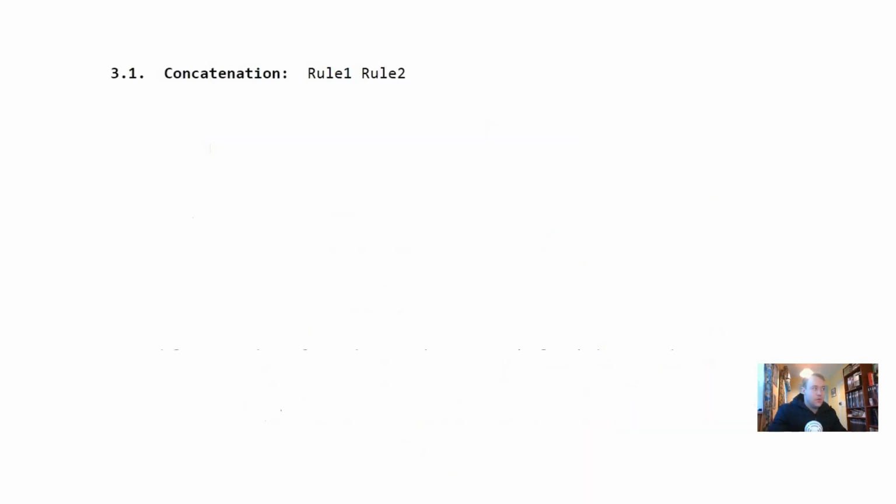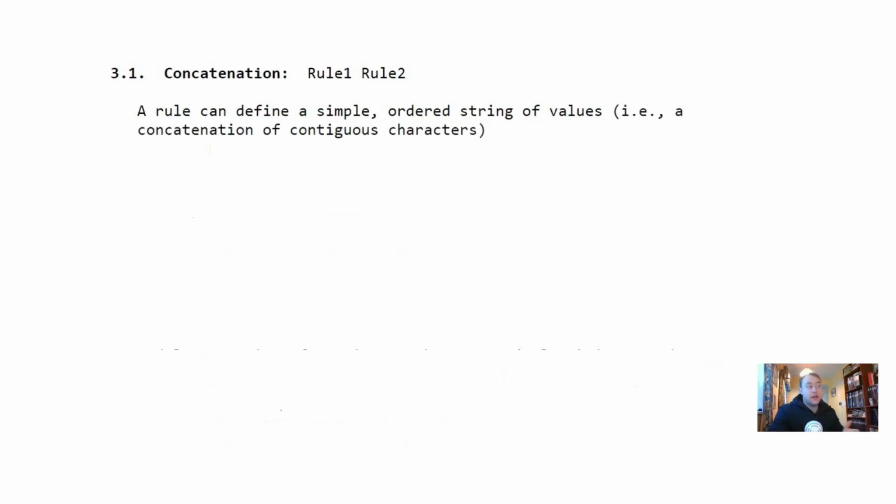Now on to operators. Concatenation, which is just putting one thing after another with what looks like a space, is an example of an operator. There's no symbol, but it is an operator. A rule can define a simple ordered string of values, so a concatenation of contiguous characters by just listing a sequence of rule names. For example, foo equals percentage x 61.